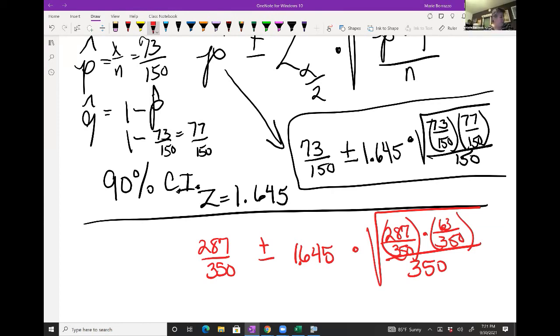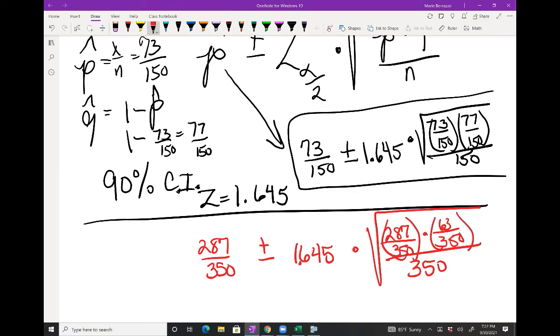All right, throw that into your calculators. Tell me what you get. I got 0.78 and 0.85. I assume you already rounded that?